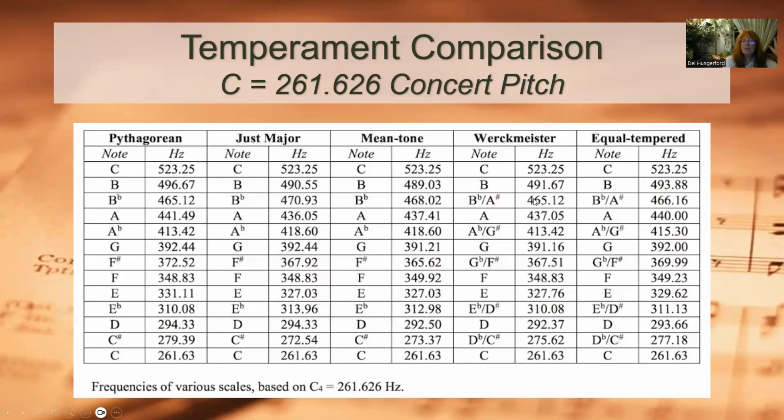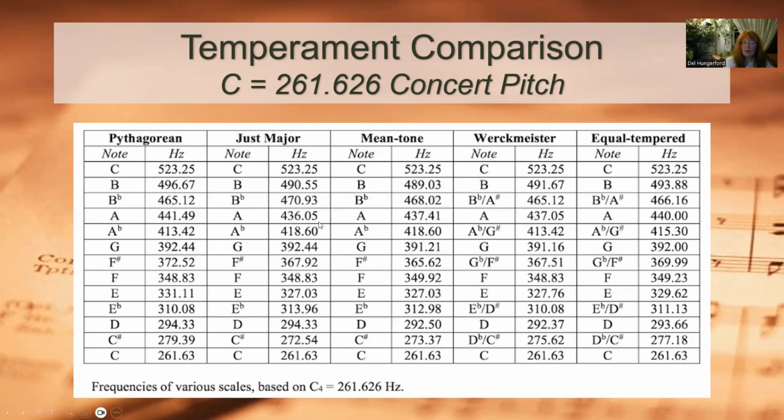So the distance from 465 to 437 is actually closer. It's narrower than the distance from 466 to 440. If we look at 468 to 437, because 468 is slightly higher than 466, and 437 is slightly lower, this distance might be about the same as equal temperament, but the pitches are going to be slightly different.